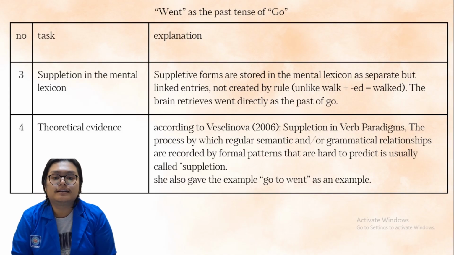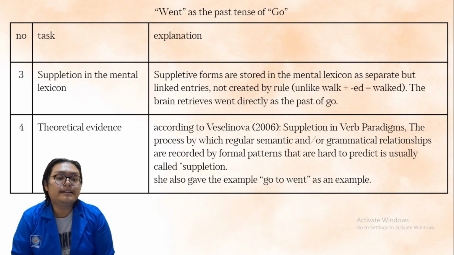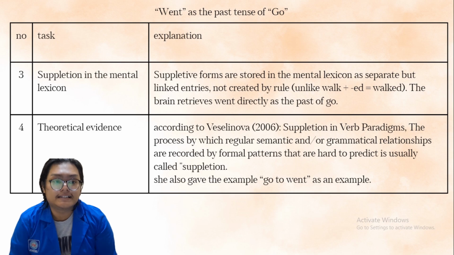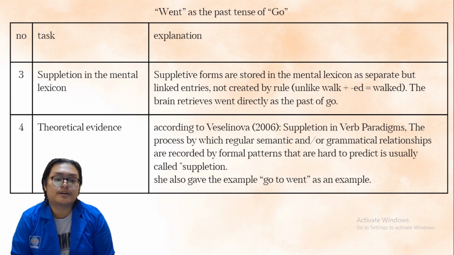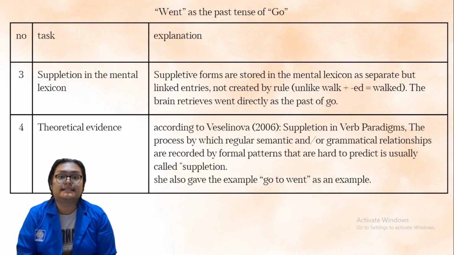Number 4, theoretical evidence. So, according to Fabrizio Lundin, 2006, suppletion is in paradigm, the process by which regular semantic and or grammatical relationships are recorded by formal patterns that are hard to predict.